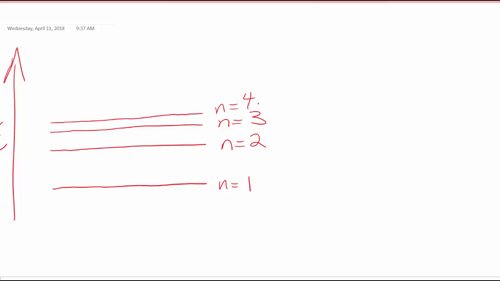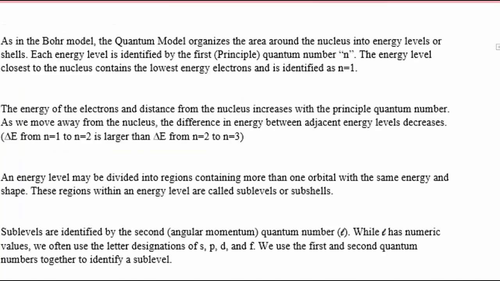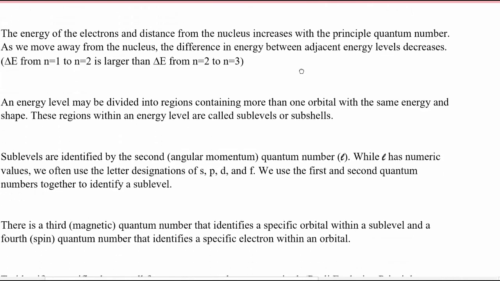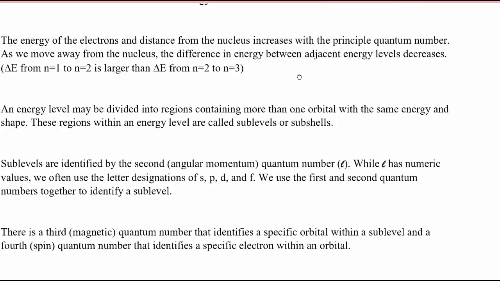As we get further away from the nucleus, the energy difference between the energy levels gets smaller. Okay, now again, if you didn't pause, if you didn't understand the previous statement, then you need to stop, talk about it with your table people, and then move forward.